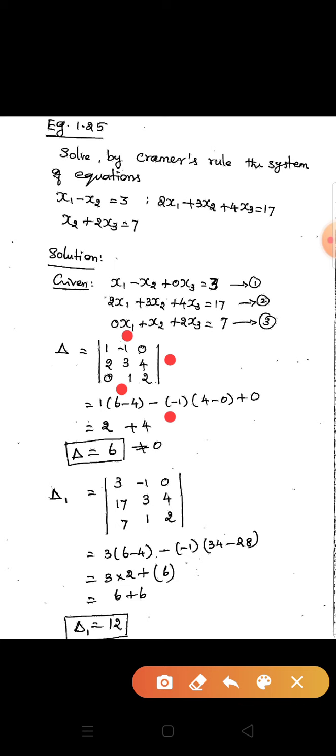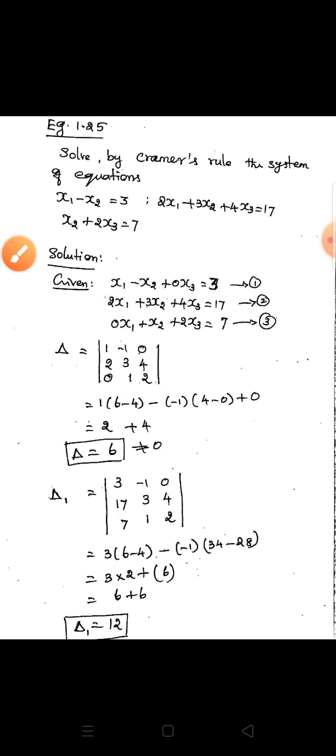So we remove the second column. First row cross multiplying: 2 2s are 4 minus 0. The third element is 0. So 6 minus 4 is 2, minus into minus is plus, 4 minus 0 is 4. So 2 plus 4 is equal to 6. This is not equal to 0, so delta is not equal to 0.